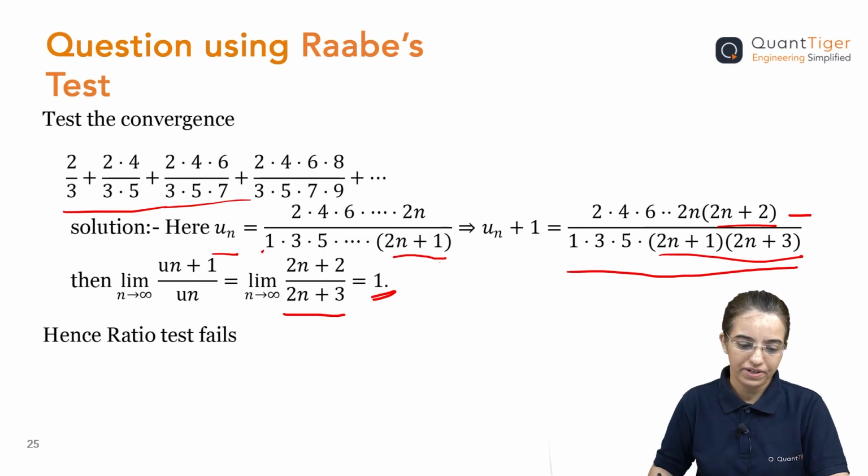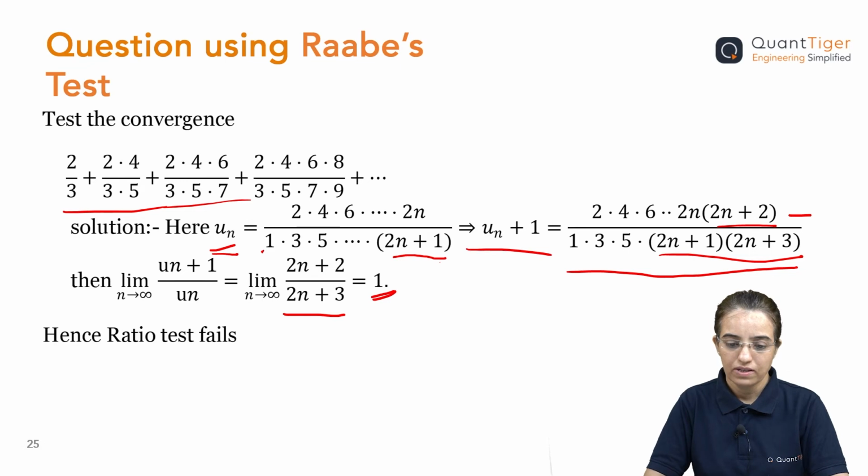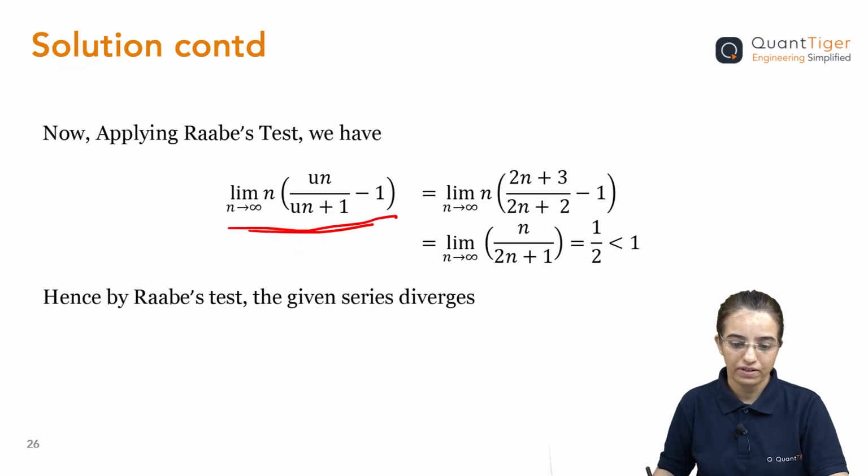Here we already have un and un plus 1, and we have the ratio from the previous slide, just the reciprocal of that, minus 1, and n is outside, which we follow as given.